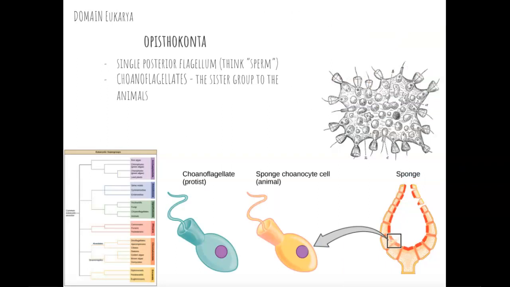The next supergroup is the Opisthokonta. So it's actually kind of interesting to think that you are an Opisthokont. These are cells that have a single posterior flagellum. So if you think about what a sperm cell looks like, it looks very similar to an Opisthokont.